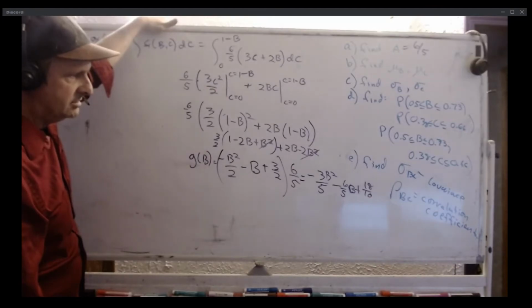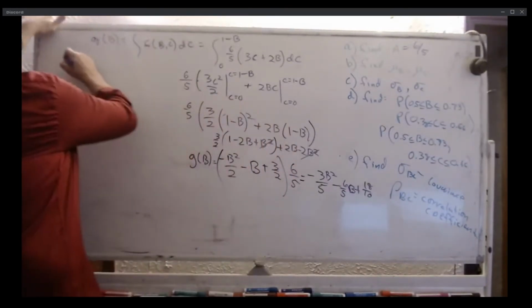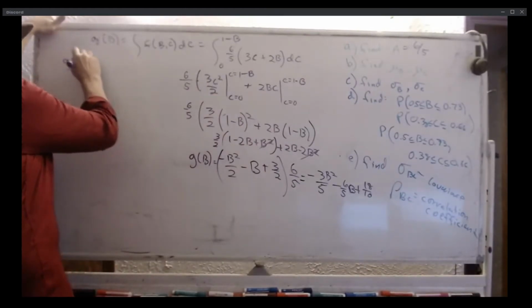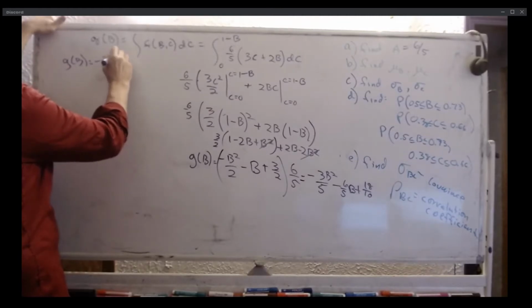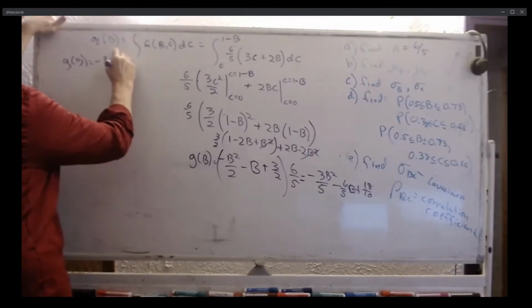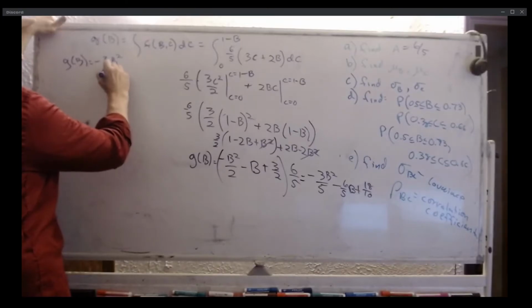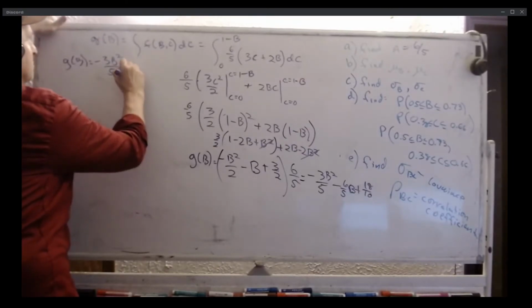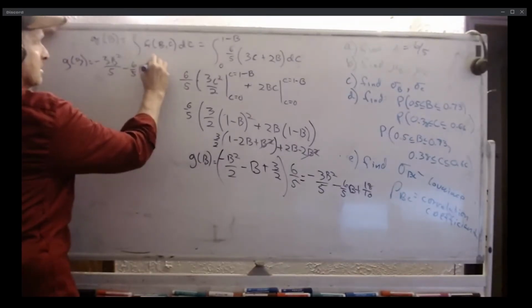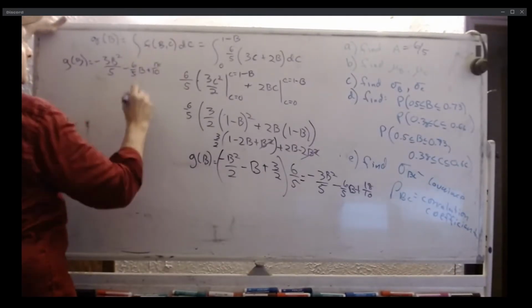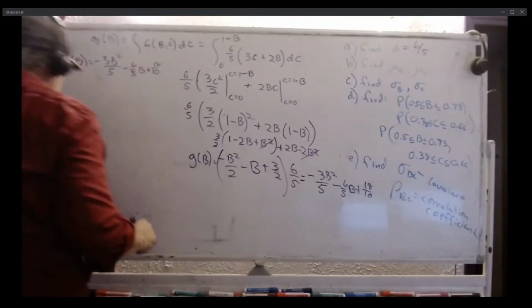Is that what you guys get? That's what I got. Yeah. I think it works out. Yep. So G of B equals negative... I didn't think it would be that nasty. I don't remember it being that nasty in my notes, but that's okay. That might have been another problem I was thinking about. That's what G of B is.